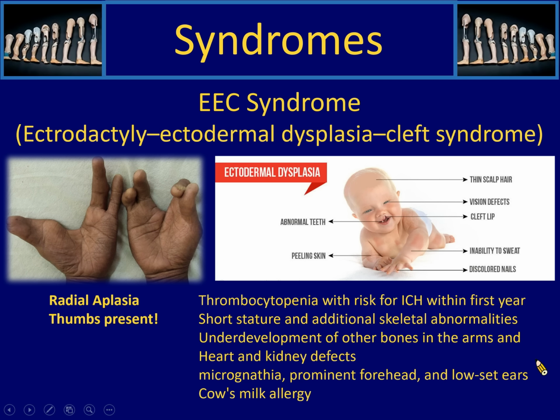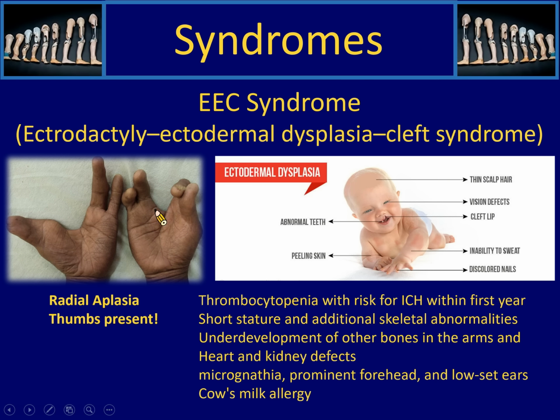Okay, this one we call EEC syndrome. EEC syndrome is ectodermal dysplasia, ectrodactyly, cleft syndrome. We can see that this newborn baby has cleft lip or cleft palate at birth. After that, we will not notice the normal growth of teeth. This is the most iconic feature of EEC syndrome.